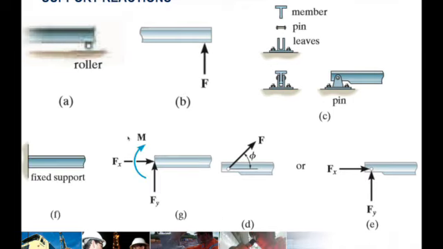So we will see later on what are the external reactions that we should draw with our free body diagrams depending on the type of support that it has. So we will just be applying the two general rules, that it should prevent translation and it should prevent rotation as well.